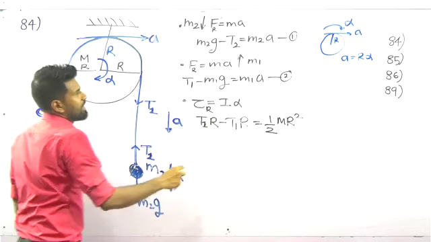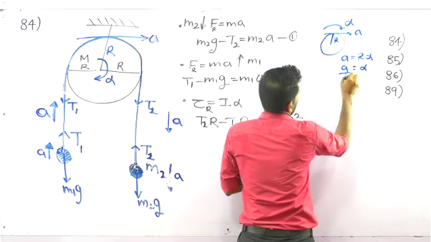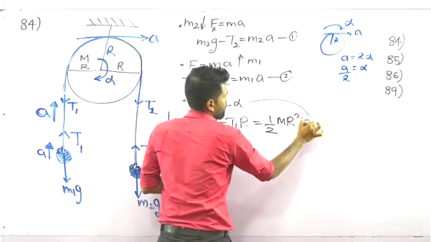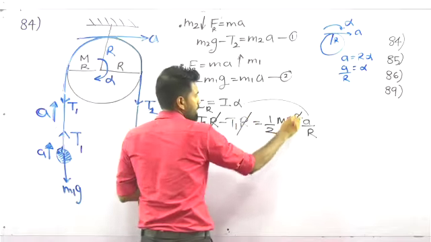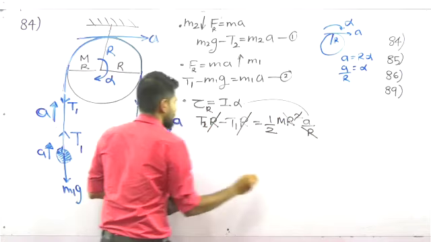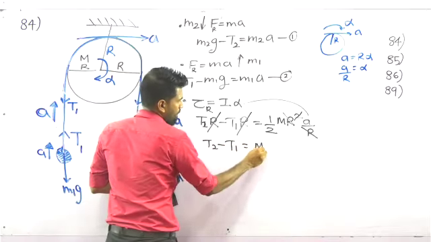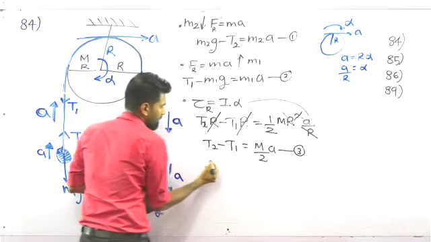What is alpha? a equals R alpha, so alpha equals a over R. One R will cancel out here, and the other R will cancel with this. So T2 minus T1 equals M over 2 into a. This is my third equation.